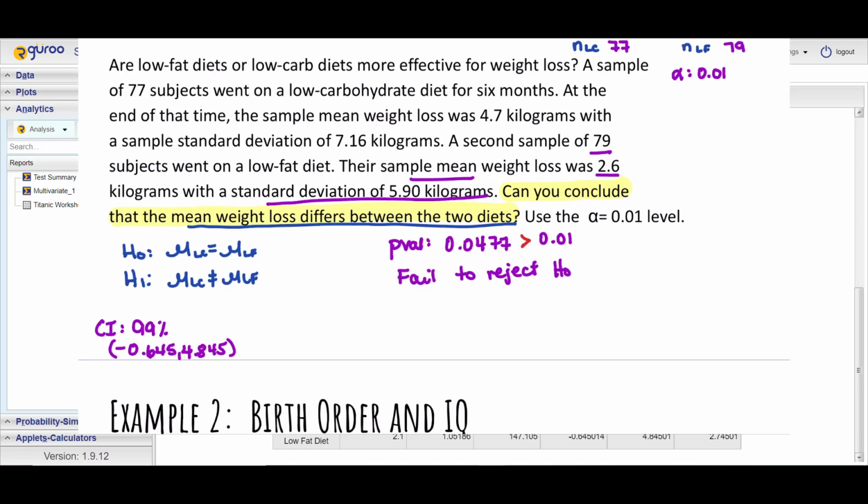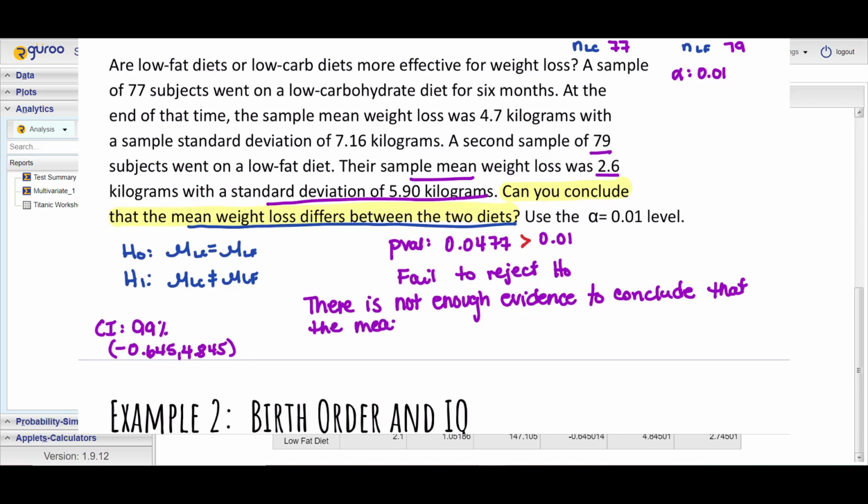Okay, so if we fail to reject the null, then that means there is not enough evidence to conclude that the mean weight loss differs between the two diets.